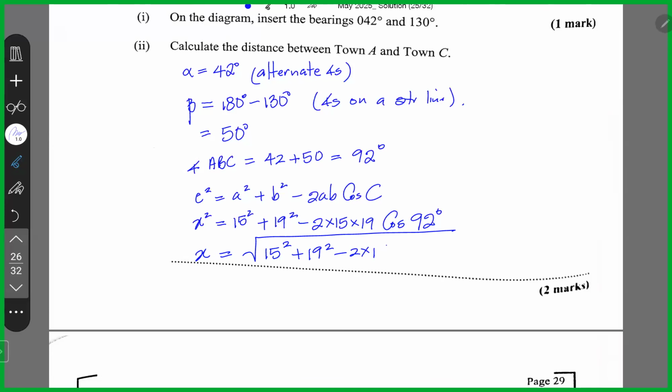I would just punch this exactly the way I have it here in my calculator and then press equal. So x, being the distance between the two towns, is the square root of 15 squared plus 19 squared minus 2 times 15 times 19 times the cosine of 92 degrees.